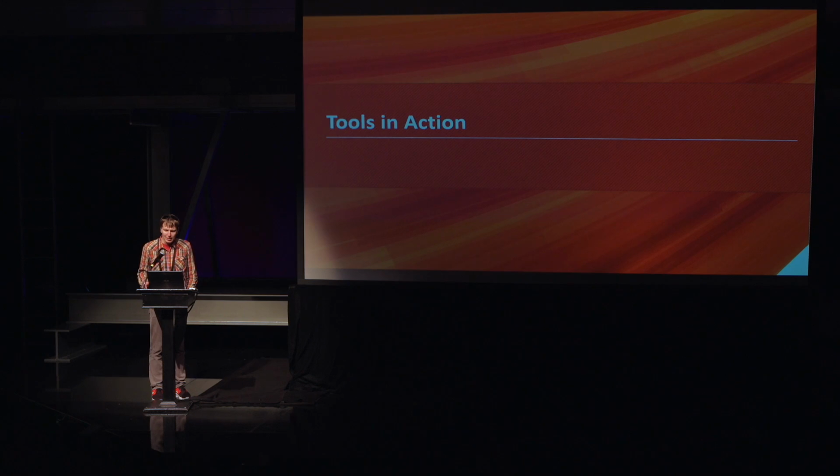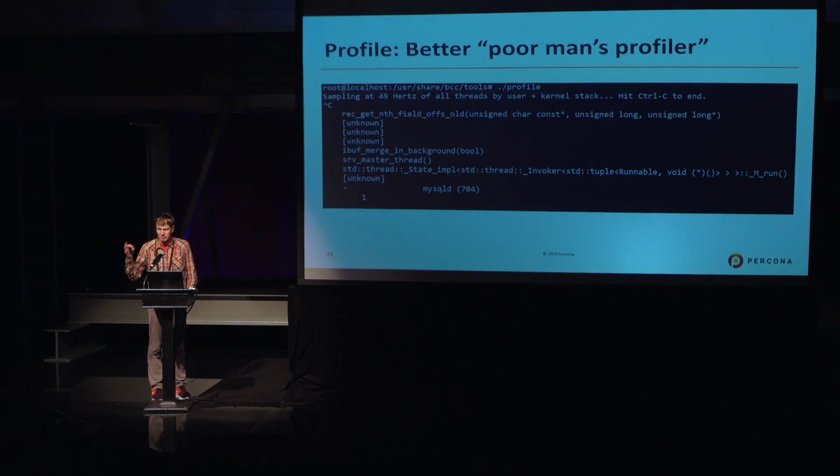Okay, now let's look at some tools in action. One thing which we use a lot is what we call the poor man's profiler. Say you have a process which spends a lot of its time somewhere, maybe that's CPU time, maybe it's waiting on some disk IO or on a mutex, and you want to see where that wait happens.